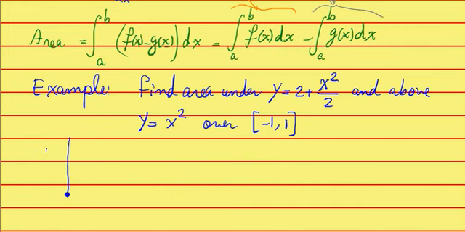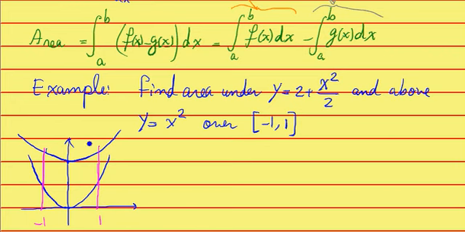We don't really need the picture, but it helps to have something in front of us when we are doing one of these problems. 2 plus x squared over 2, suppose this is 1 and that is 2, and we have a kind of white parabola, and the other one is x squared, and the problem itself tells us that we are going from -1 to 1.